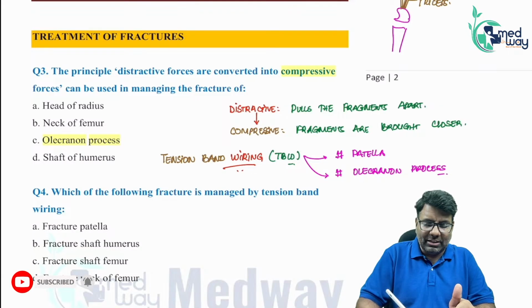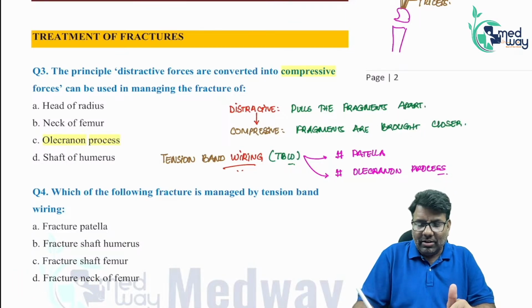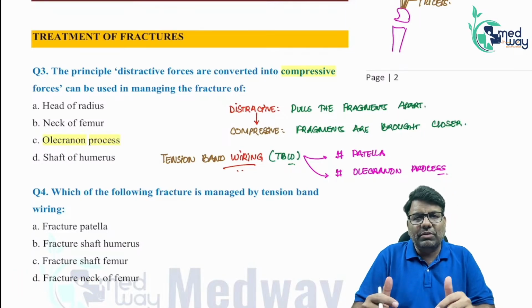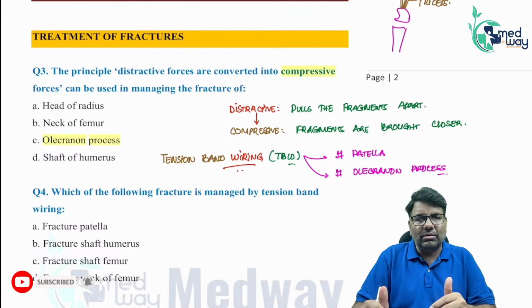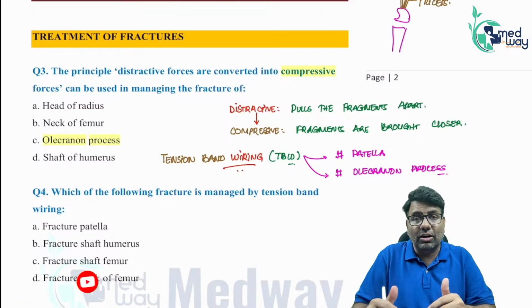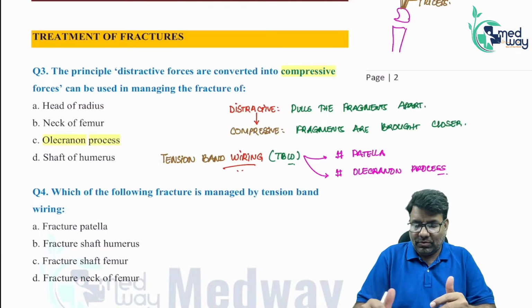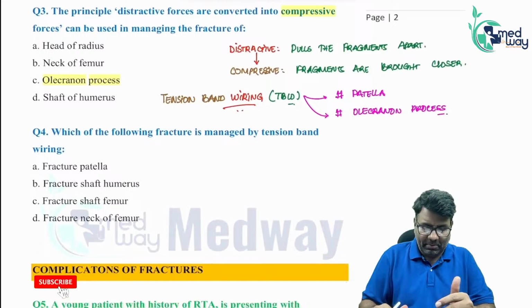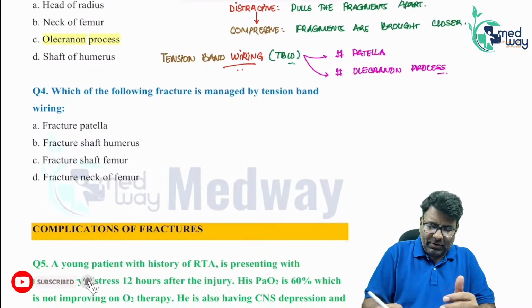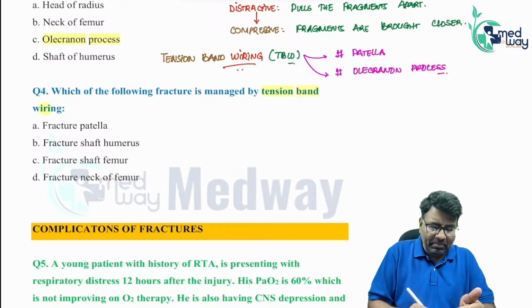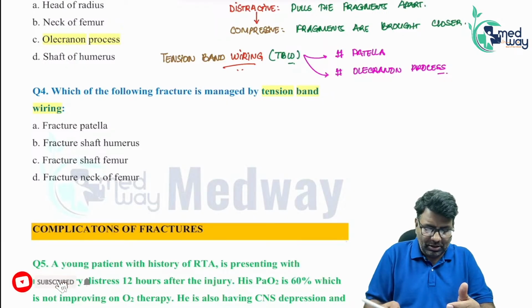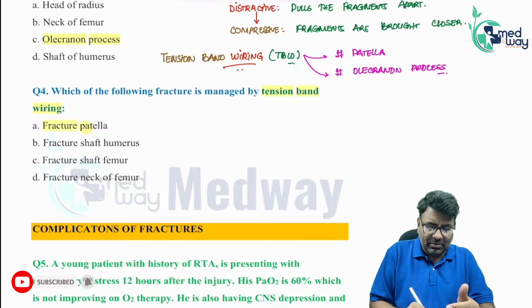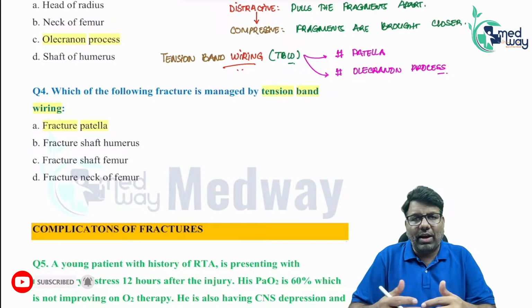So if we do tension band wiring here, the moment triceps tries to take away the fragment, in fact it will bring the fragments closure, and it will cause compression, and therefore it will promote the chances of union. So this is tension band wiring. So again, if someone asks you which fracture is managed by tension band wiring, I think now it will be very easy for you to answer the question. You can say this is fracture patella or fracture olecranon.